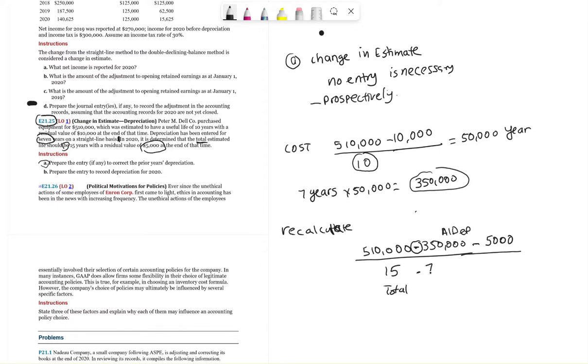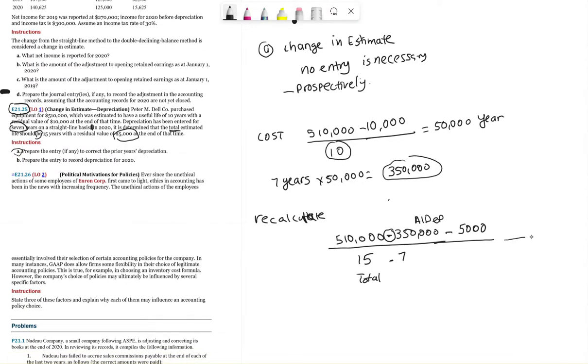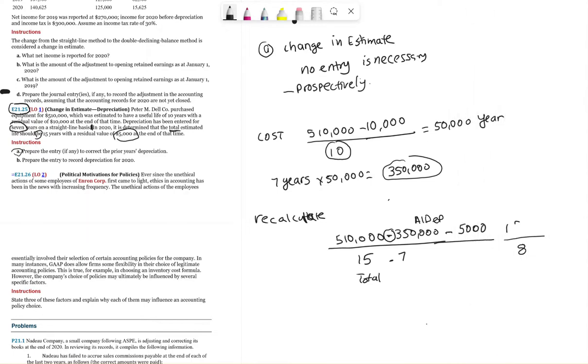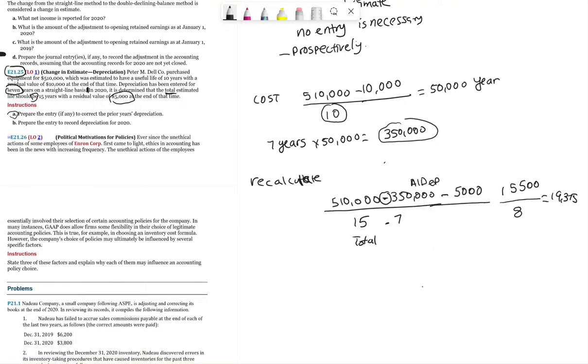So the bottom number will be 8 and the top number will be 155,000. Our new depreciation per year will be $19,375. Since it's a change in estimate, we do it prospectively, and no adjusting entry is required for the previous years.